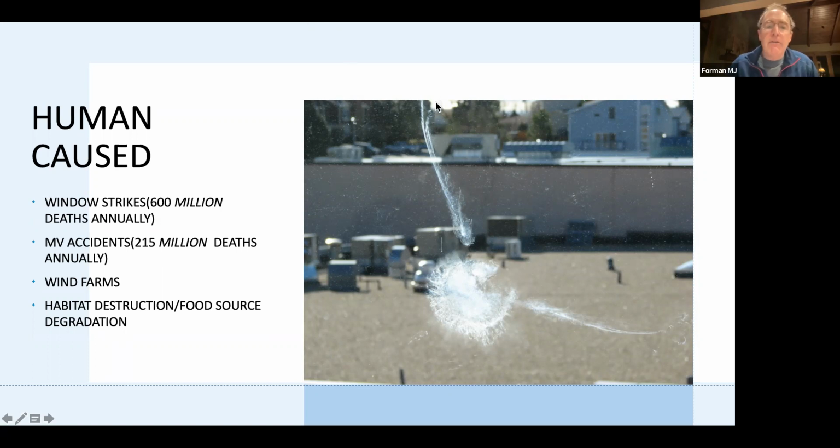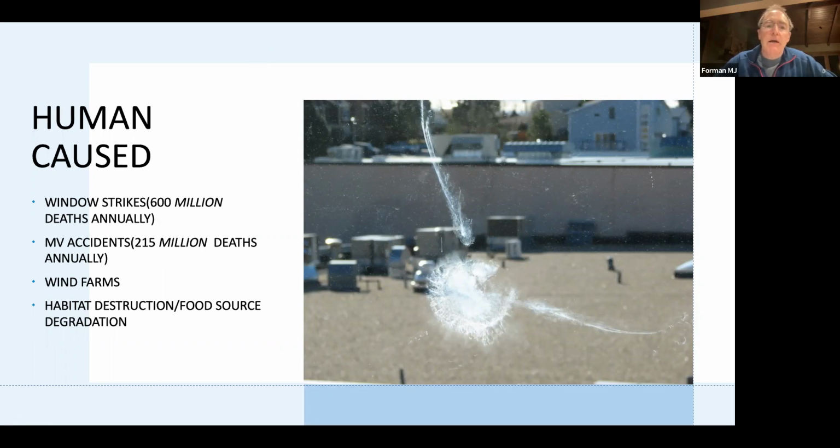So pretty much everywhere in the country where there is the loss of wetlands and more development, whether it's a new shopping center going in or new housing developments, we have habitat destruction. And with that, we can have food source degradation and water degradation.